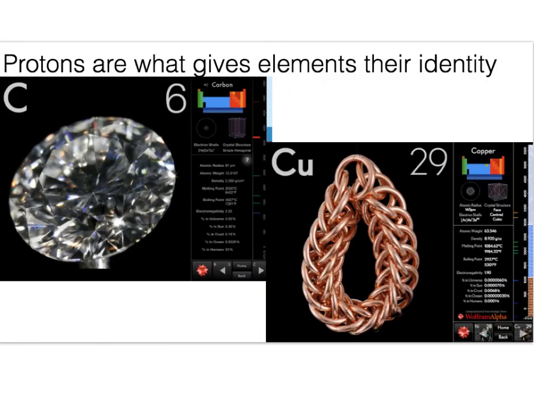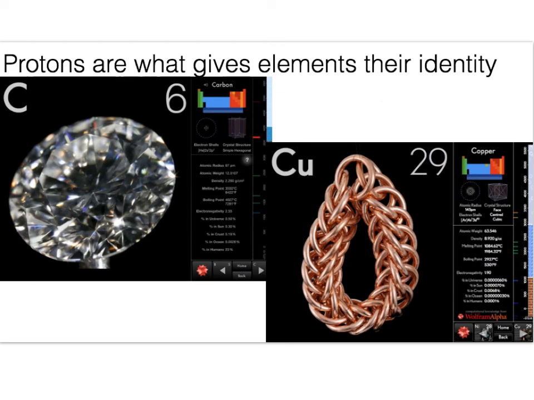And so this kind of goes back to one of the tenets of John Dalton's atomic theory. John Dalton said that elements were unique in their size, in their mass, in their other properties, but really what makes an element unique is in fact how many protons it has in its nucleus.